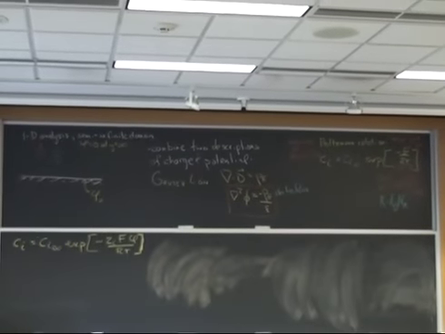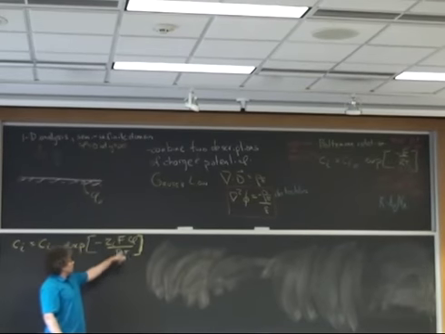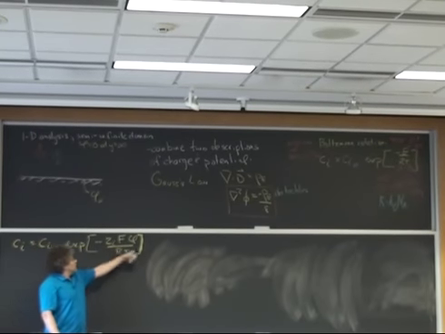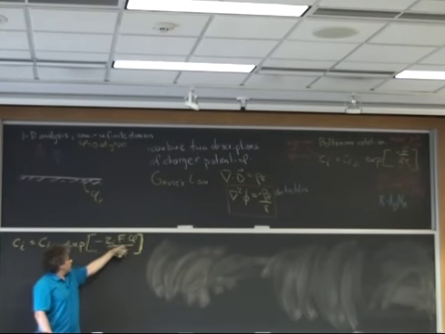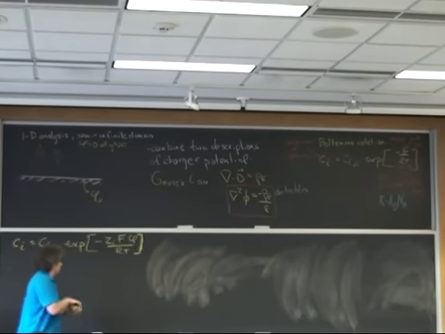And so now I've written this molar electrical potential energy in terms of the electrical potential phi, the Faraday constant F, and the valence Z sub i.